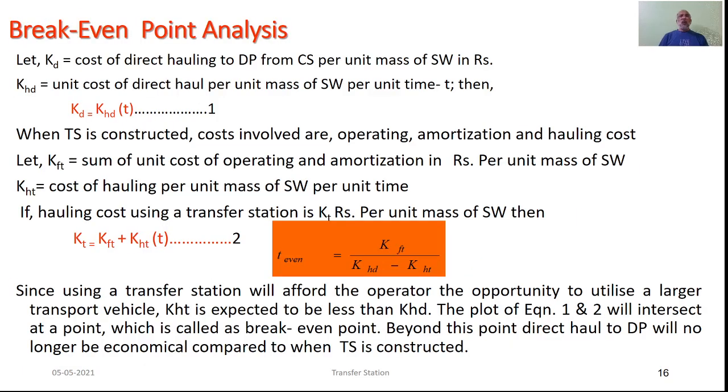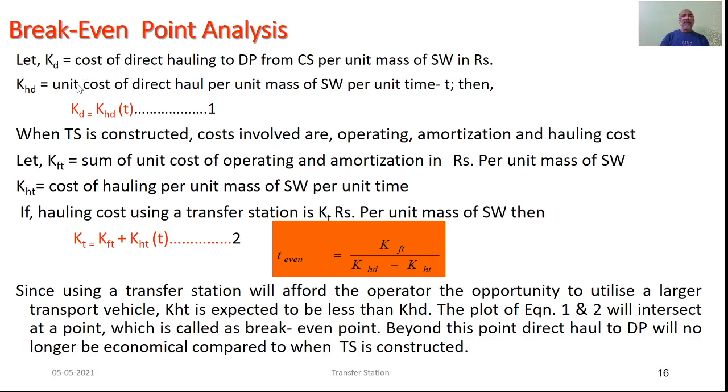The same approach can also be studied by devising some expressions. So say here the cost of direct hauling to the destination point from collection station per unit mass of solid waste, say it is KD.